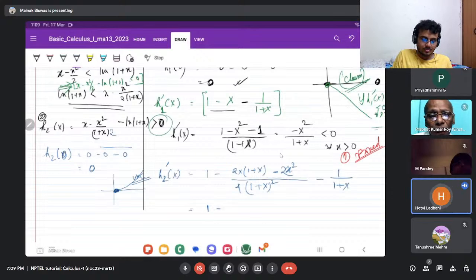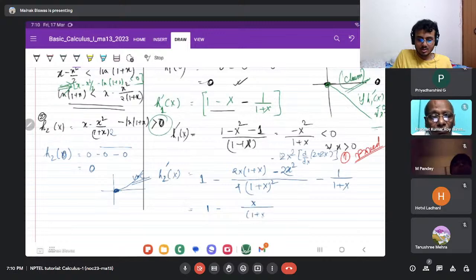So plus 2x square. UV rule, right? So this is 2x square into derivative of 2 into 2 plus 2x. So this is negative only, right? Okay, yes sir, got it. So it's 2x, 2 will cancel with 4, x by 1 plus x whole square minus 1 by x.